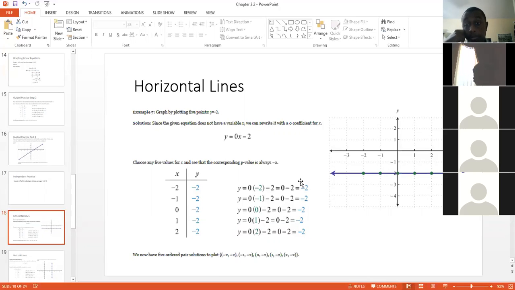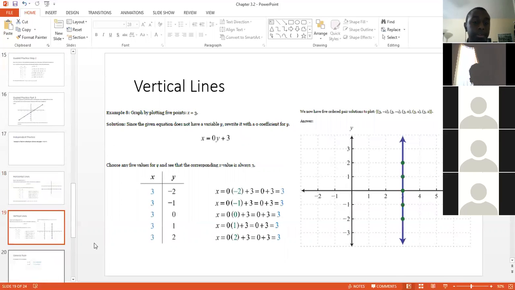So what you result in is this line right here, a horizontal line going from left to right, all the way to the left to infinity, all the way to the right to infinity. It's always going to be a horizontal line, never going to become diagonal. So this is an example of a horizontal line.